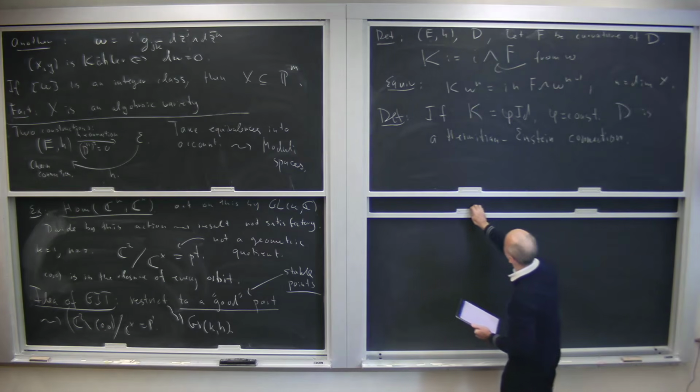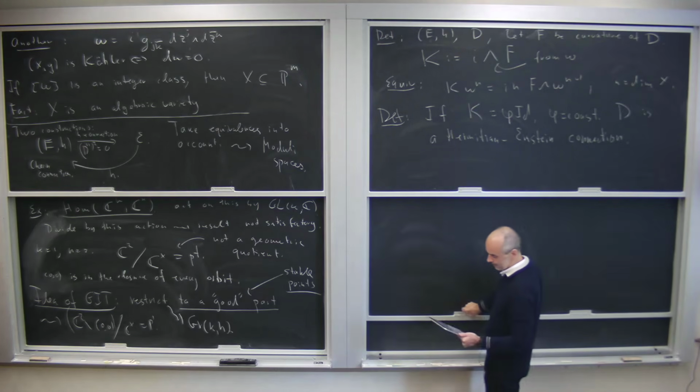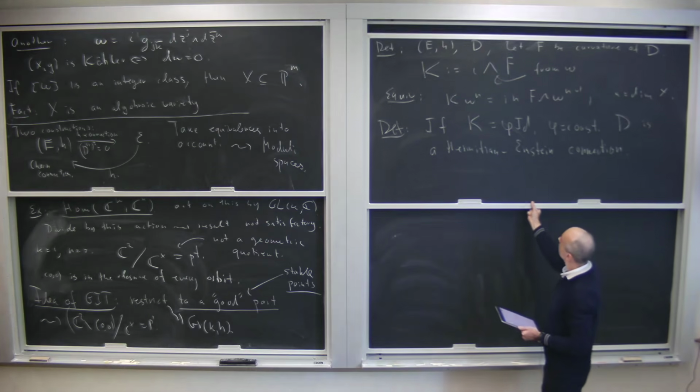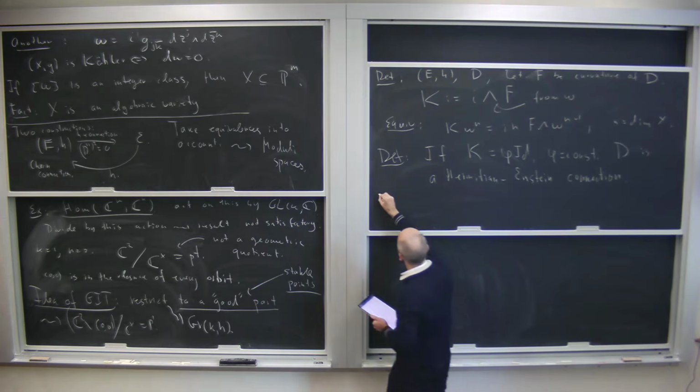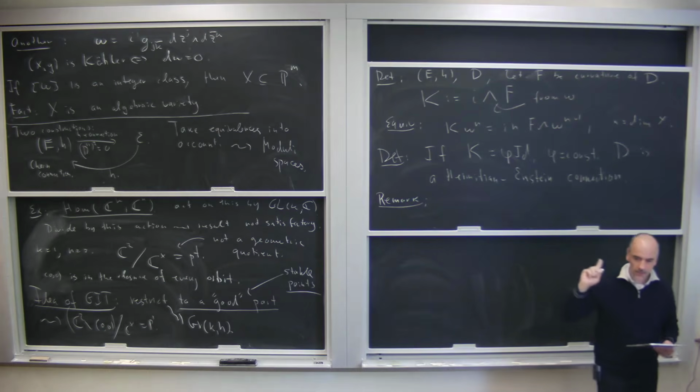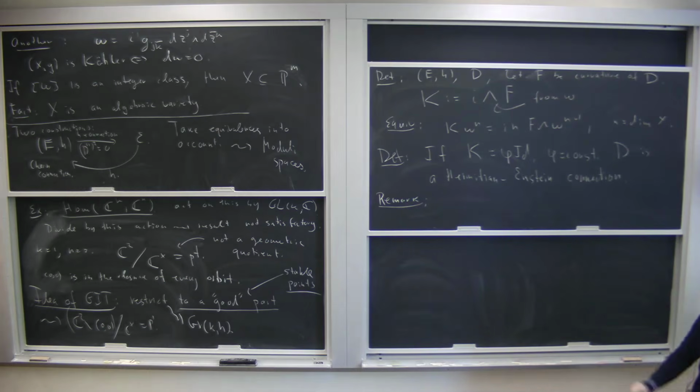Okay, so now here I would like to make a remark, which is important for the rest of the talk. Suppose that D is a Hermitian-Einstein connection. What can we say about this number phi?